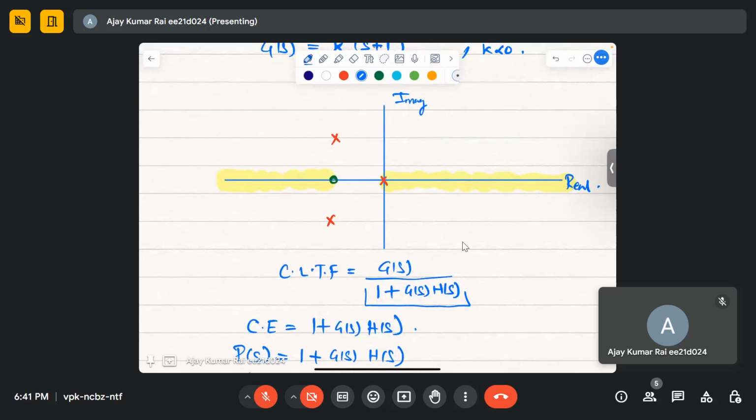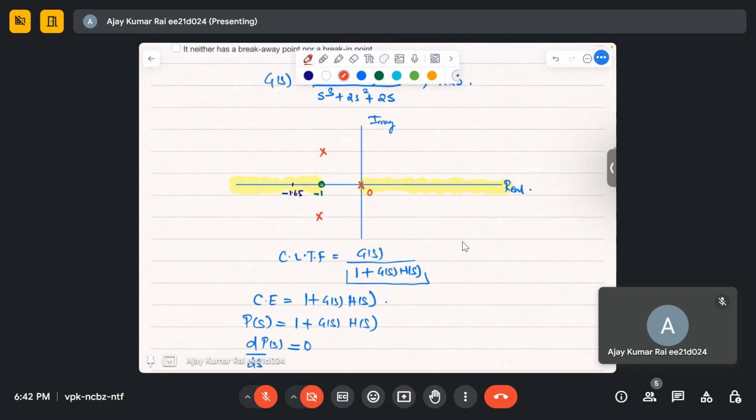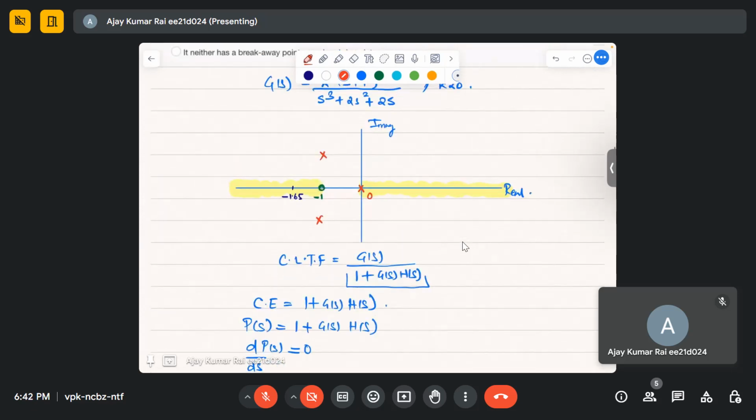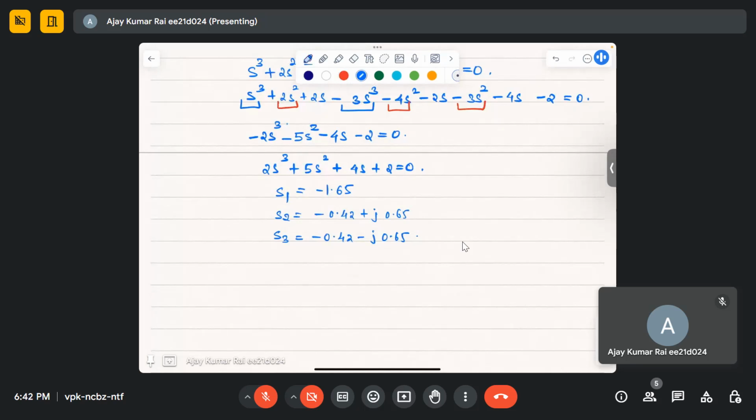That will be lying here, where this is minus 1 and this is 0. So how to confirm whether this point is a breakaway point or not?